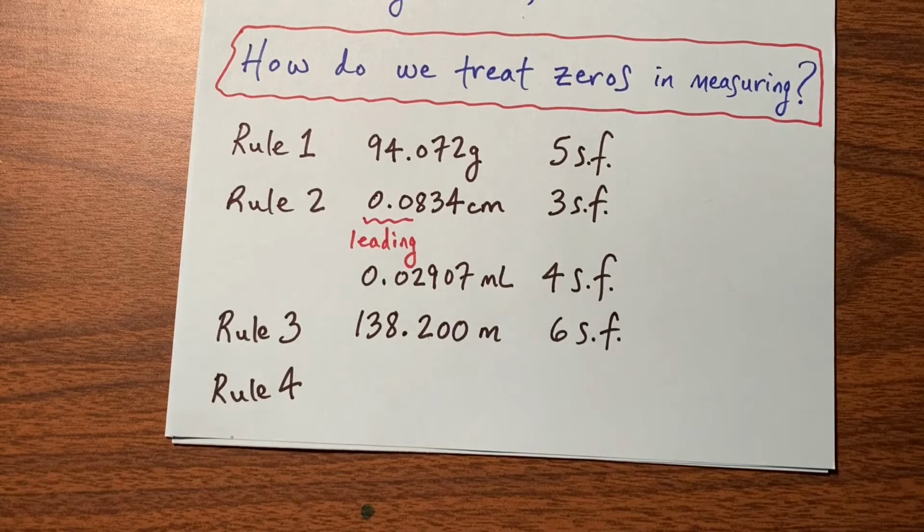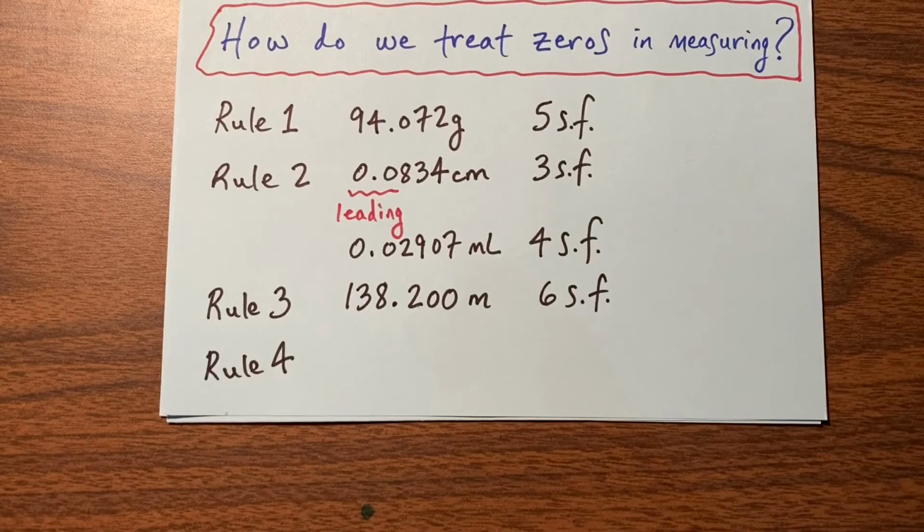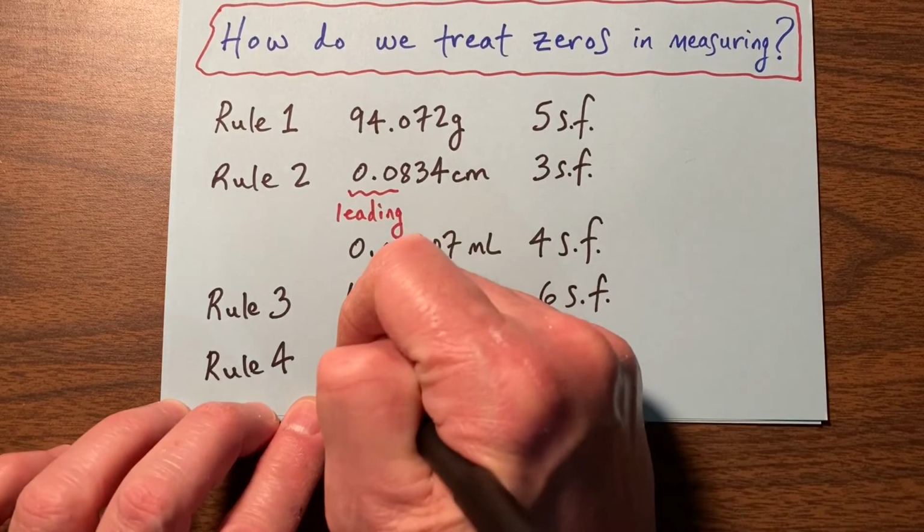So it's implied to be after the last digit on the right, of course. So zeros at the end of a number like that, and before the implied decimal place, may or may not be significant. We can't tell whether they're part of the measurement or they only act to locate the decimal place. So in this class, if there's no decimal place and there's zeros before it, just assume that those zeros don't count.